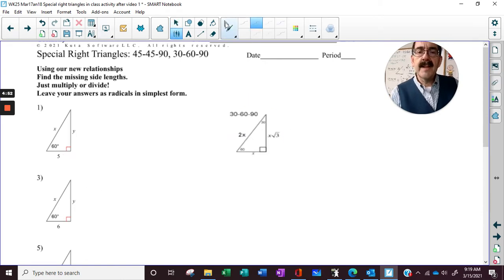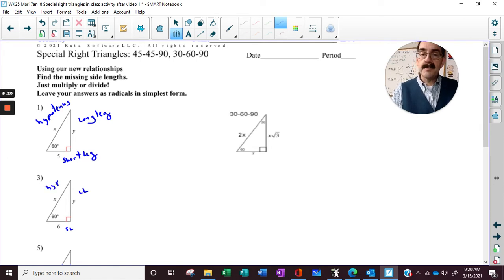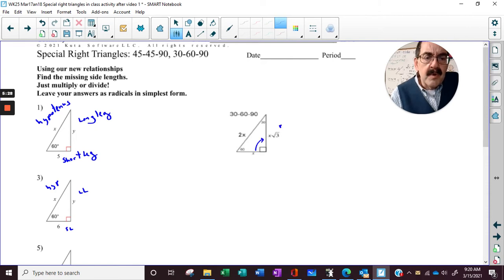First thing I'd like you to do is get in the habit of labeling short leg, long leg, and since we're at it, let's label the hypotenuse. Okay, short leg, long leg, hypotenuse.